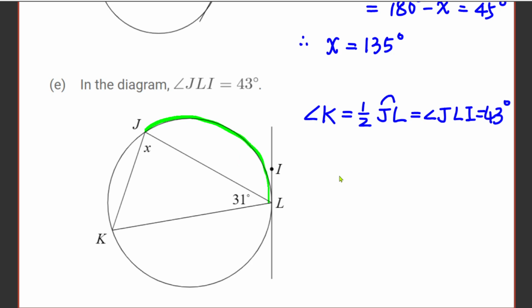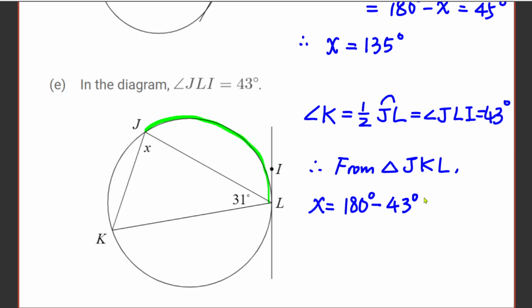And therefore, from triangle JKL, we have x equals 180 degrees, subtracted by 43 degrees, subtracted by 31 degrees, and this gives us 106 degrees, right? Any questions?